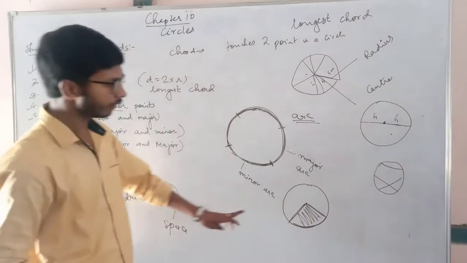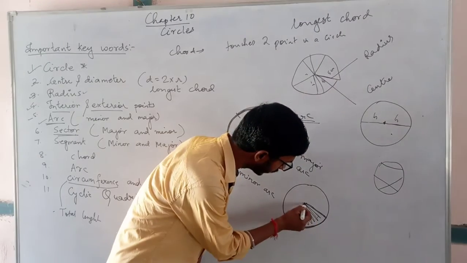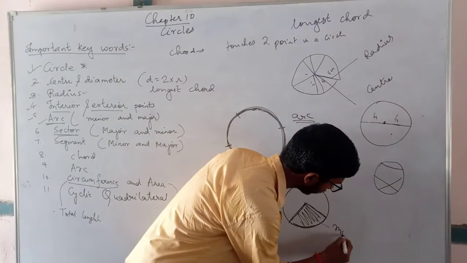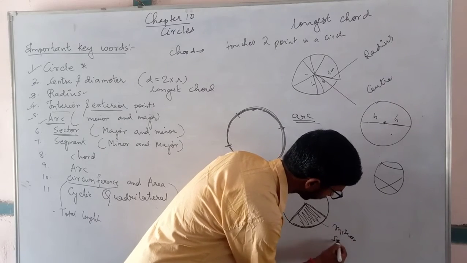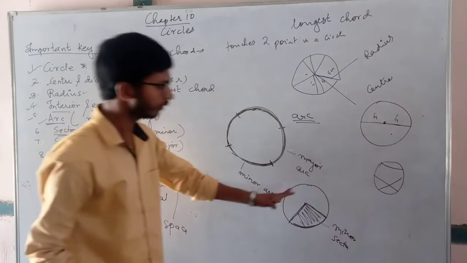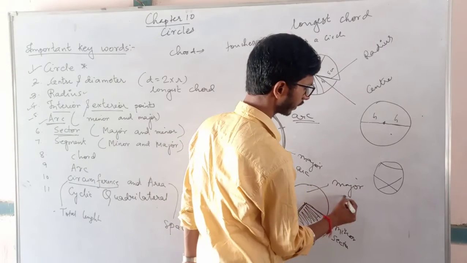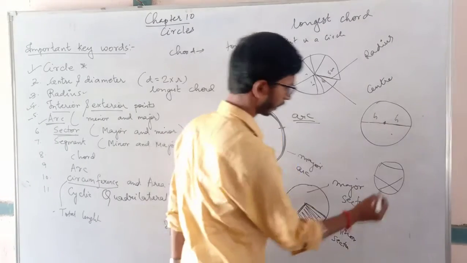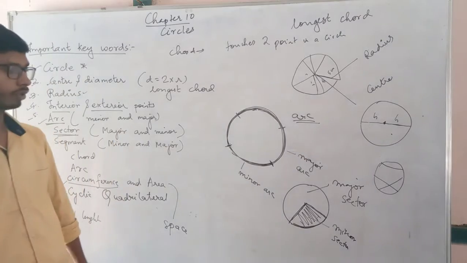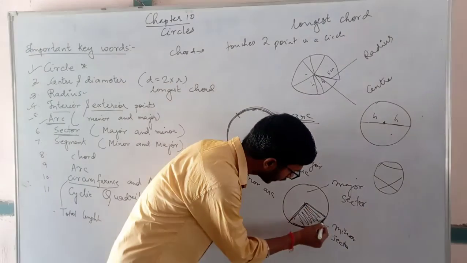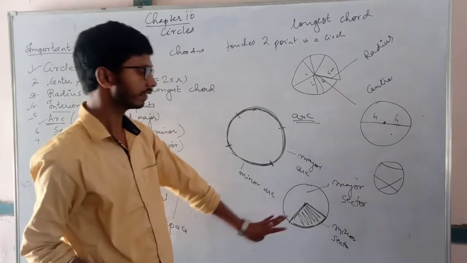Got it clear? Now you can see here, this is the smaller one, okay? The smaller part we can call the minor sector, whereas the remaining part, which is the bigger one, we can call the major sector. So I repeat once more. The area bounded by the two radii and the arc is called the sector.